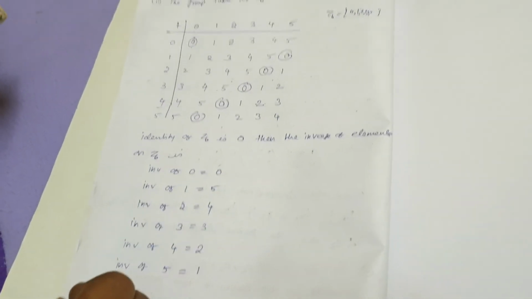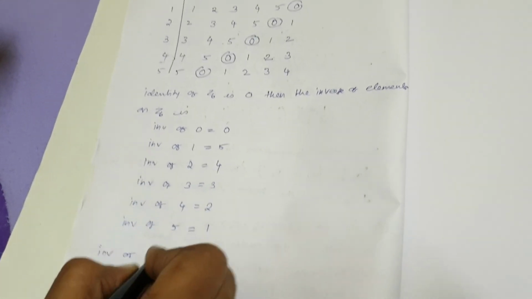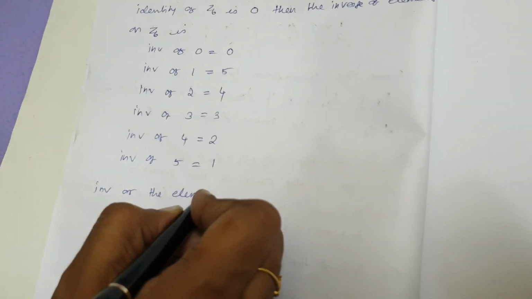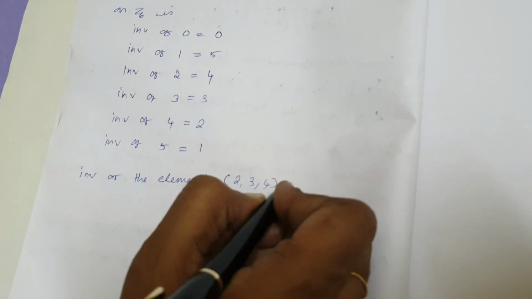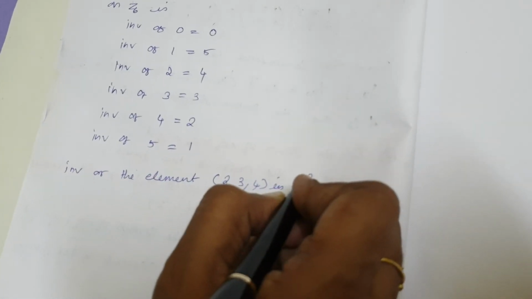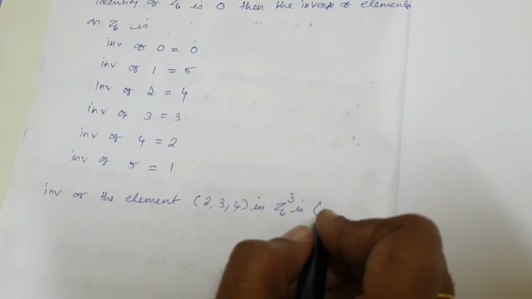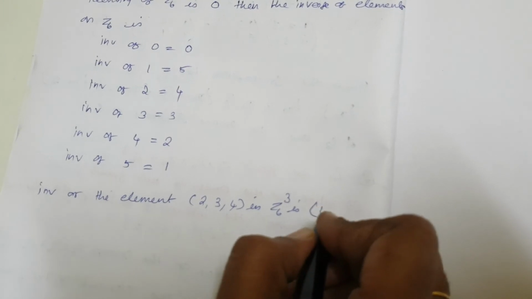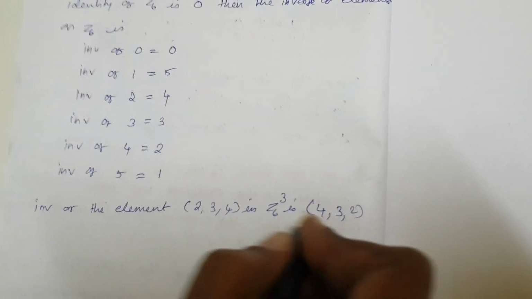Now let's find the second part, the inverse of the element (2, 3, 4) in Z6 cube. Here the inverse of 2 is 4, the inverse of 3 is 3, and the inverse of 4 is 2.